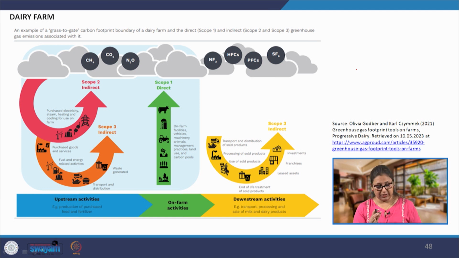But the beautiful thing in this example is that while they have identified the scopes, they have also identified the scopes in downstream and upstream, and on the farm, during the process of this whole activity. So, looking at the direct emissions first, the scope 1 emissions first, which are resulting from the on farm activities. So, we have machineries, the emissions resulting from machinery.